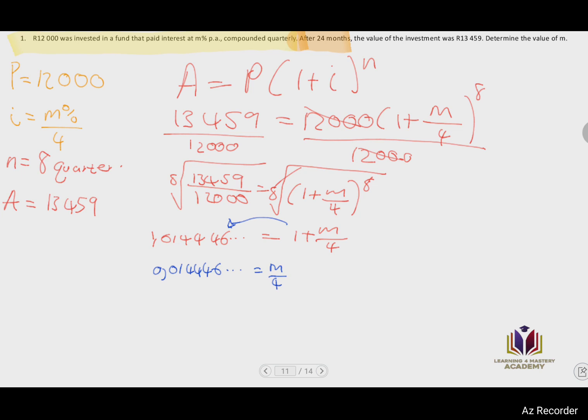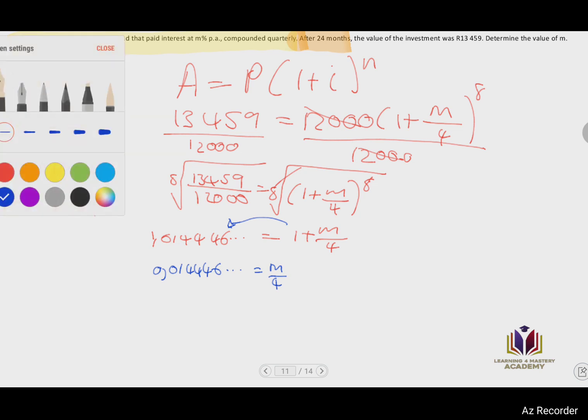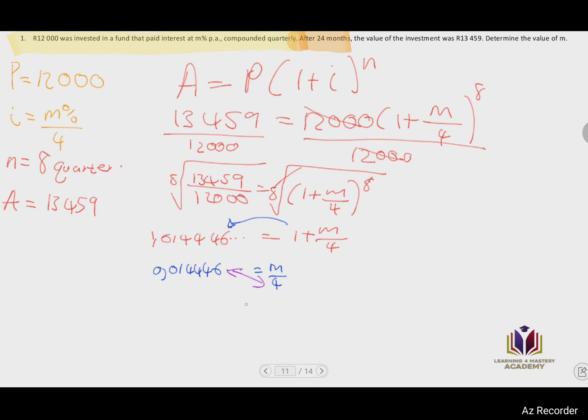And then I multiply this by the 4. I also do it on my calculator. m equals 0.014446 on my calculator multiplied by 4, it gives me 0.057784. Then I can multiply this by 100.